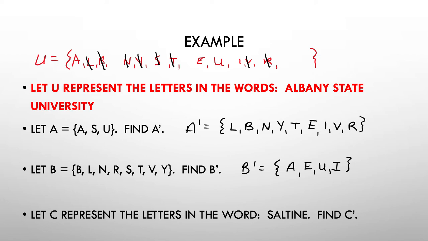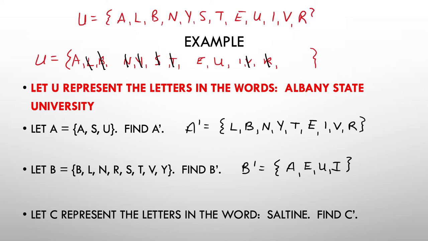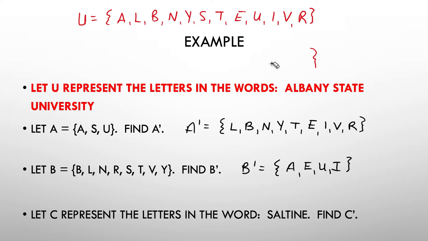All right, and then finally, we have a set C that represents the letters in the word saltine, and we want to find C complement. So again, let me go ahead. I'm just going to rewrite my universal set up here so that we can use it. All right, so now we have our universal set, and we have a subset that has the letters in the word saltine.